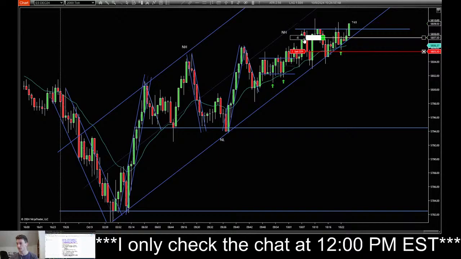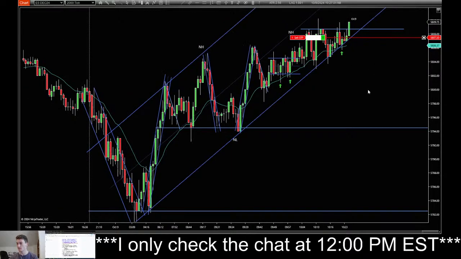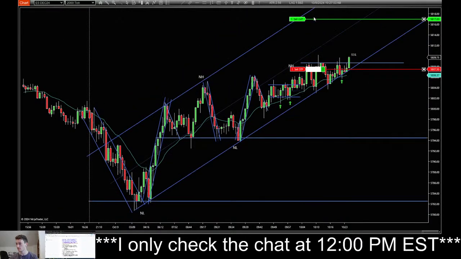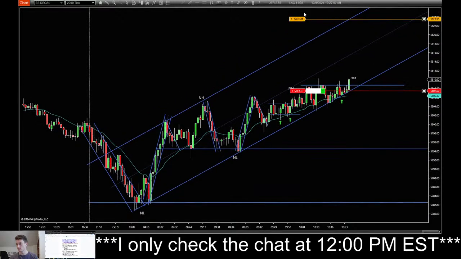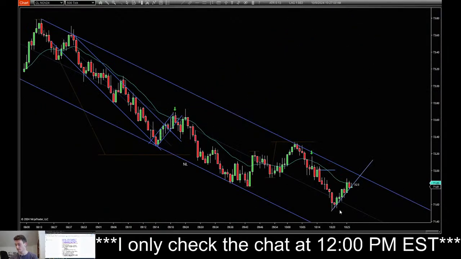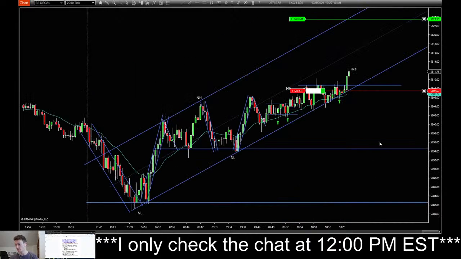Target filled. There we go. All right, so see if we can get a runner on that. Then waiting for a possible second entry short here off the EMA.